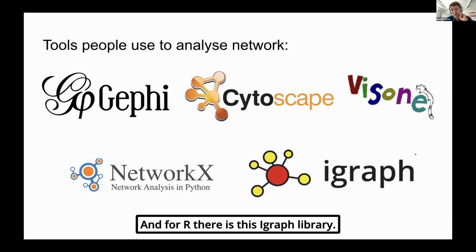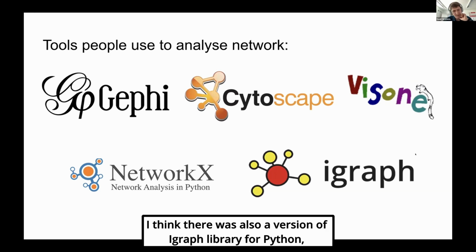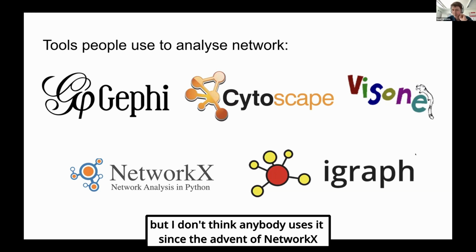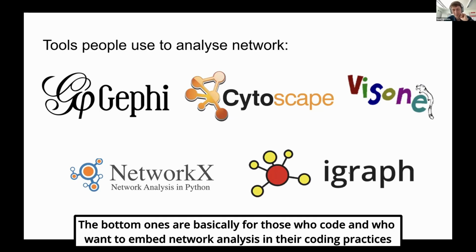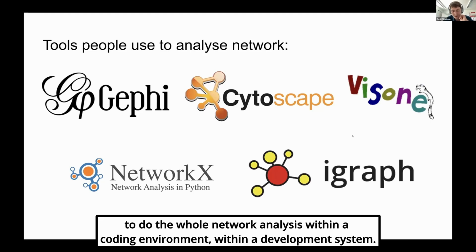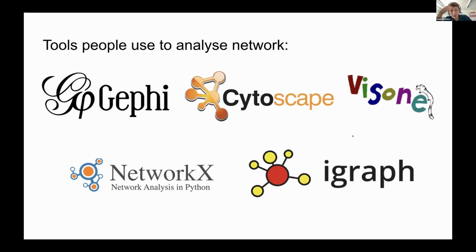And for R, there is the iGraph library. I think there was also a version of iGraph for Python, but I don't think anybody uses it since the advent of NetworkX. So the bottom ones are basically for those who code and who want to embed network analysis in their coding practices, and to do the whole network analysis within a coding environment, within a development system.